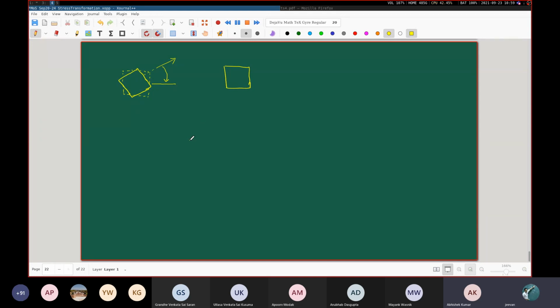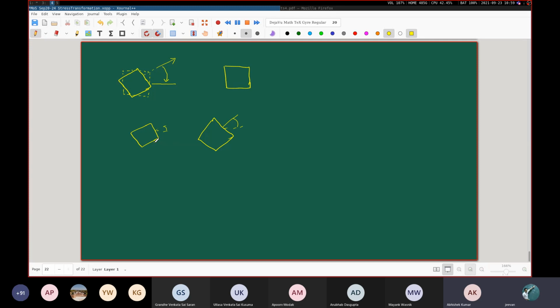In general, you can have many kinds of this superposition business, like you can have one stress element like this, another stress element like that. Something like that. Okay, different orientations are there, and please note that these are all squares. So maybe this is at 30 degrees, this is at 45 degrees.